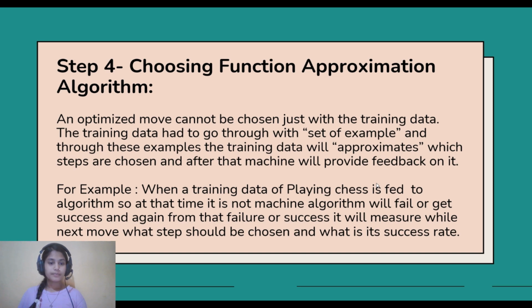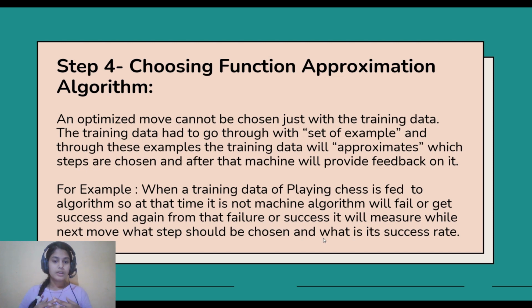For example, when the training data of playing chess is fed to the algorithm, the machine algorithm will fail or get success, and again from that failure or success it will measure for the next move what step should be chosen and what is its success rate.